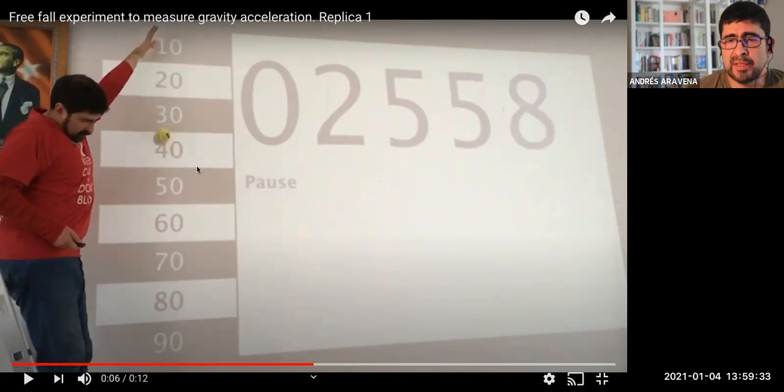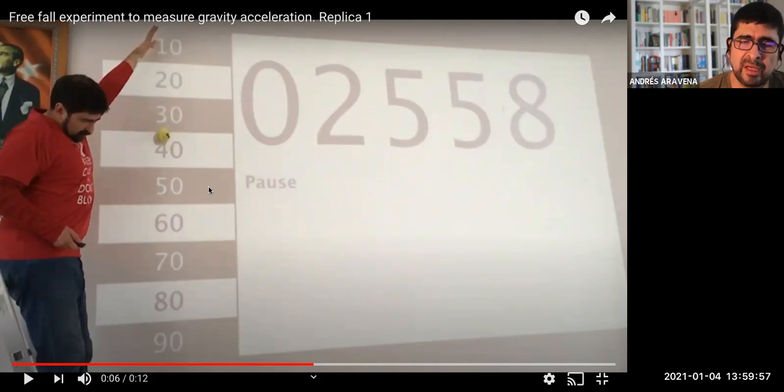Now, something that I did wrong is that I didn't measure the distance very carefully. In fact, the initial point is not very clear. It's not very clear if it started at 0 or where. I should put the starting point like here. This will be 0, this will be 10, this will be 20, 30.